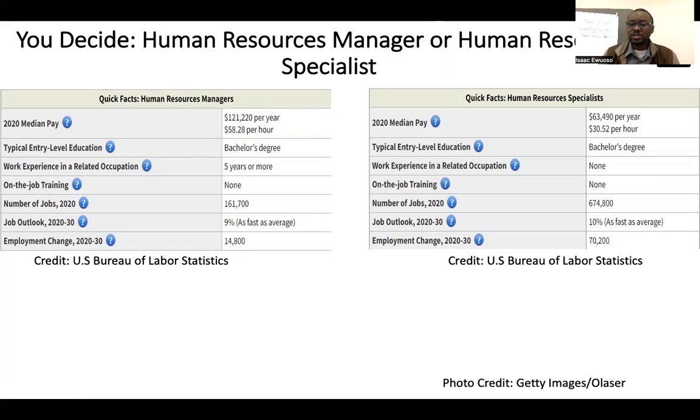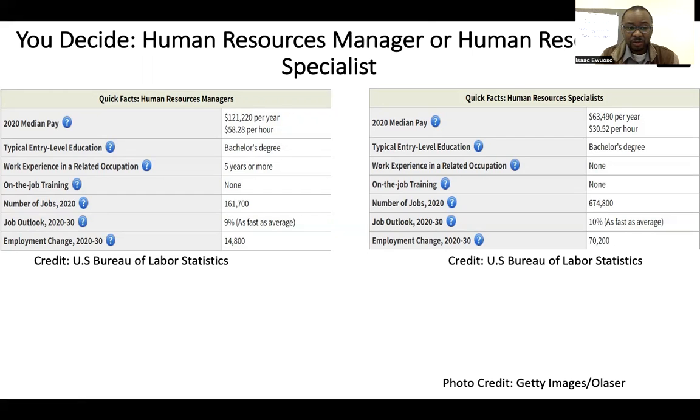Now, when it comes to the number of jobs in the human resources manager field, in the year 2020, it's reported 161,700. This pales in comparison to the human resources generalists. So there are more opportunities in human resources generalists when it comes to seeking work, because we have, as of year 2020, 674,800.